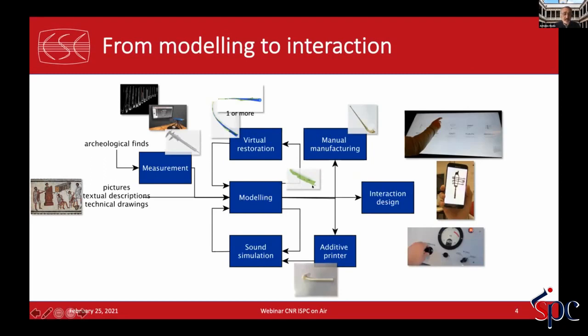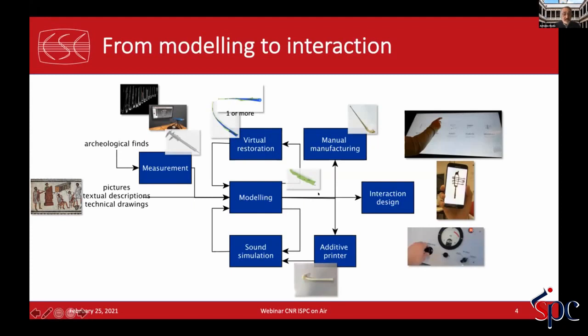From the restored model, we can also obtain a simulation of the sound that could be produced by a musical instrument with such geometrical and functional properties. And the generated sounds can also be used as a validation of the hypotheses used for building the model and can sometimes suggest further modifications to the model.